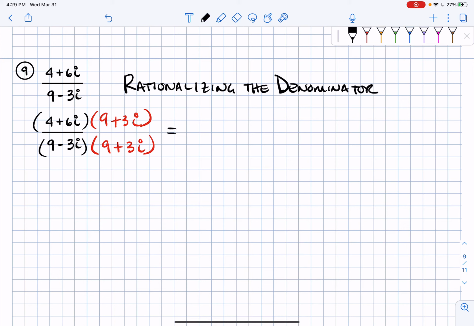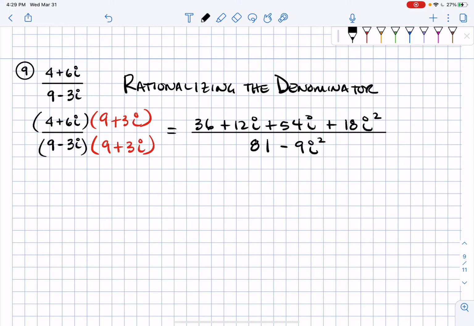So what do I have on top? I have to FOIL or double distribute, so I'm going to get a 36 plus 12i plus 54i plus an 18i squared all over 81 minus 9i squared.